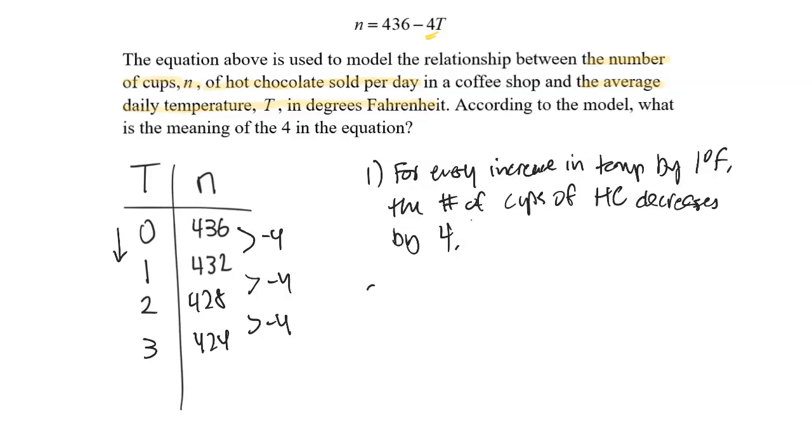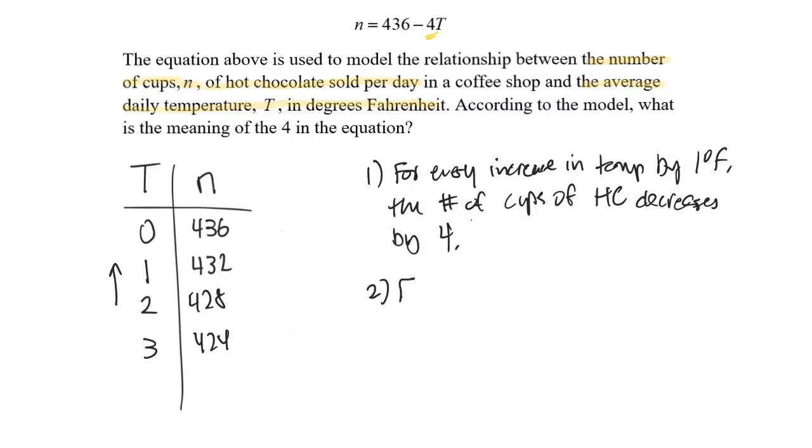But we can also make a second statement that says the reverse of what statement 1 says. That sentence is going to follow the reverse logic. If I decrease the temperature by 1 degree Fahrenheit, then I increase the number of cups sold.